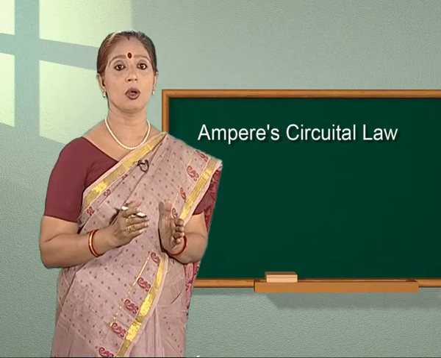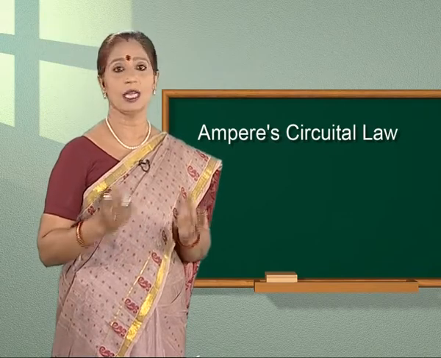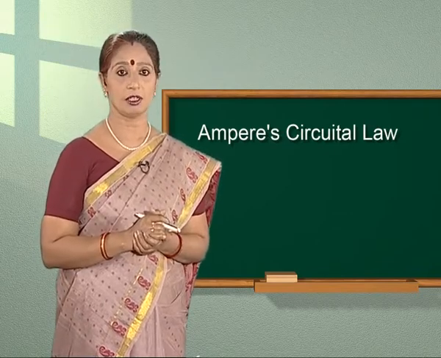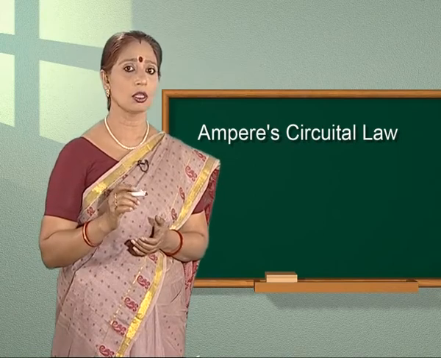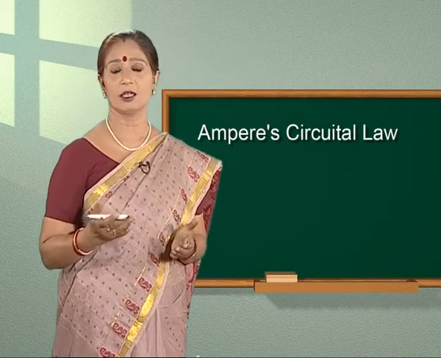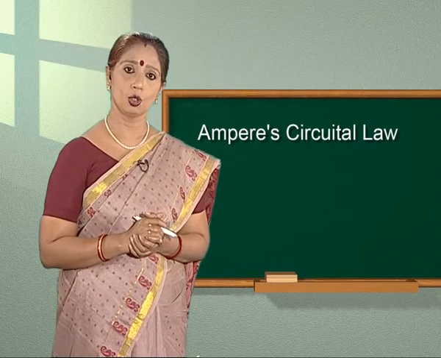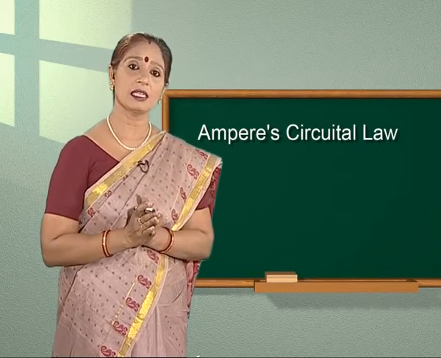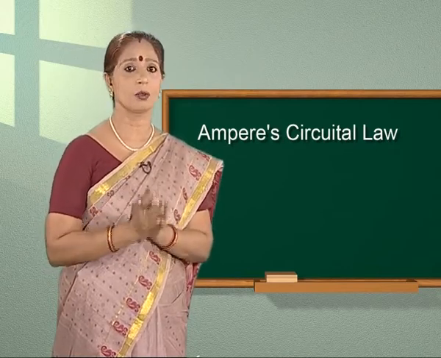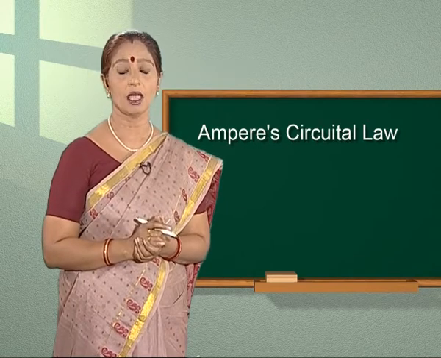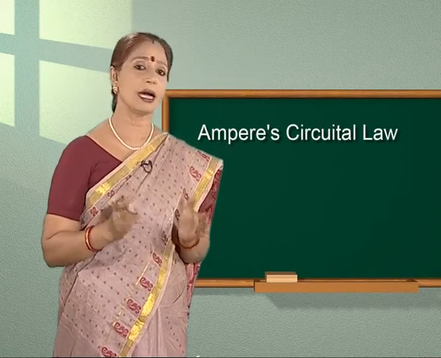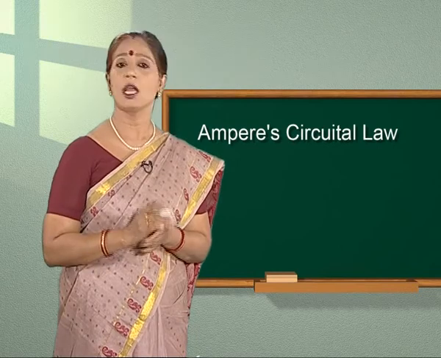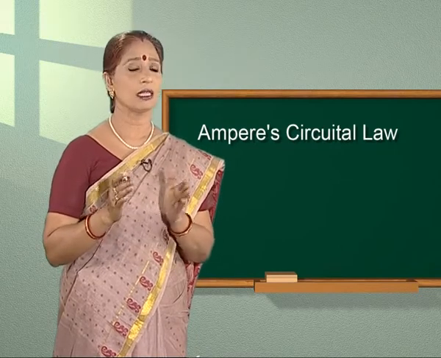Ampere's circuital law is not new in content from Biot-Savart law. Both laws relate magnetic field and current. Both express the same physical consequences of steady electrical current. The relation of Ampere's law and Biot-Savart law is exactly like the relation of Gauss law and Coulomb's law.